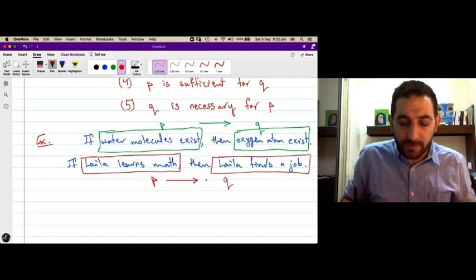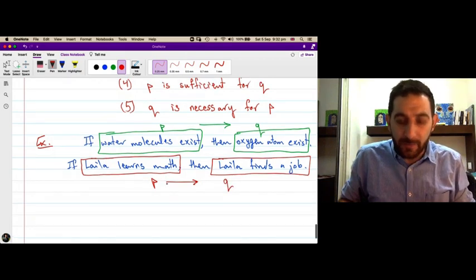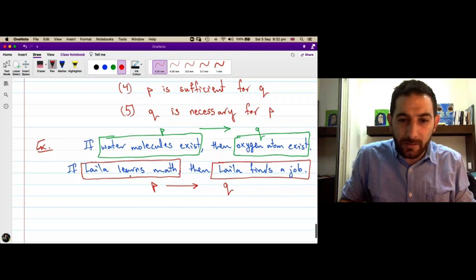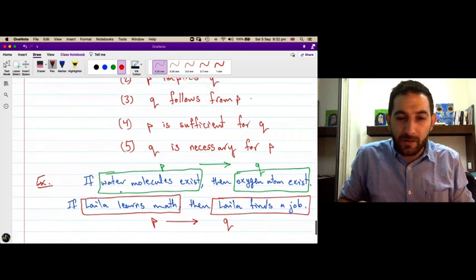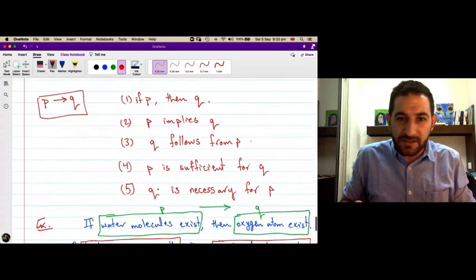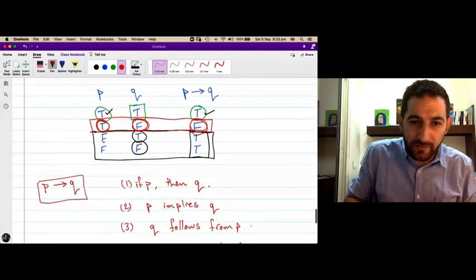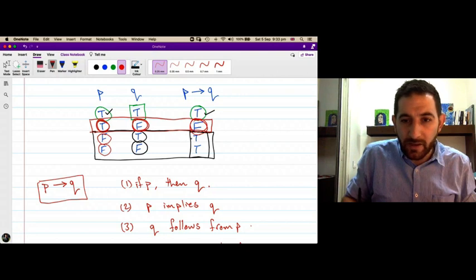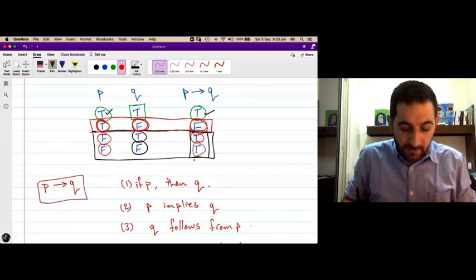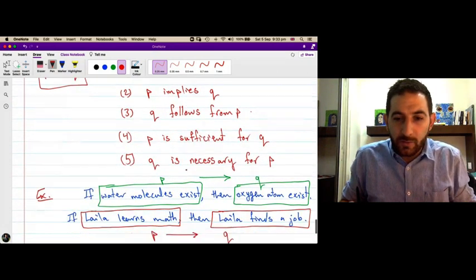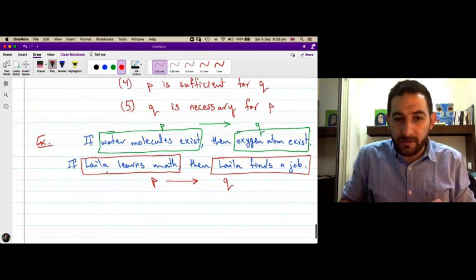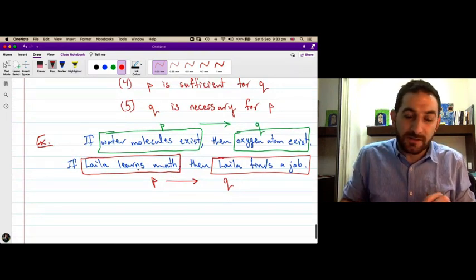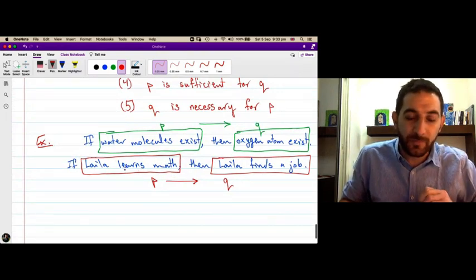This whole statement could be true if Layla didn't learn math, because then we have a false hypothesis. And see here in the truth table that when we have a false hypothesis, we have true conditional statements. So the first case where this conditional statement is true is if the hypothesis is false.